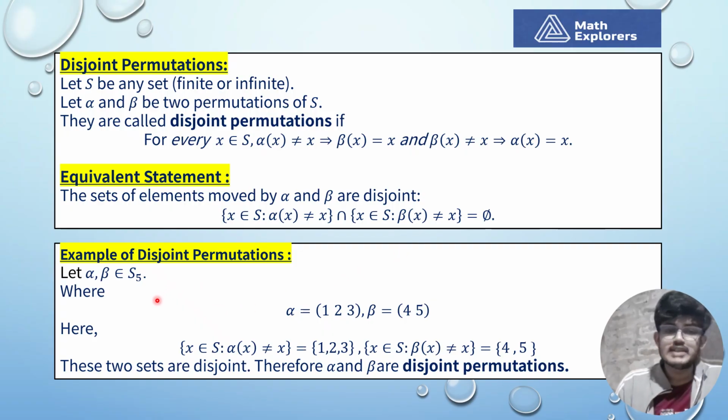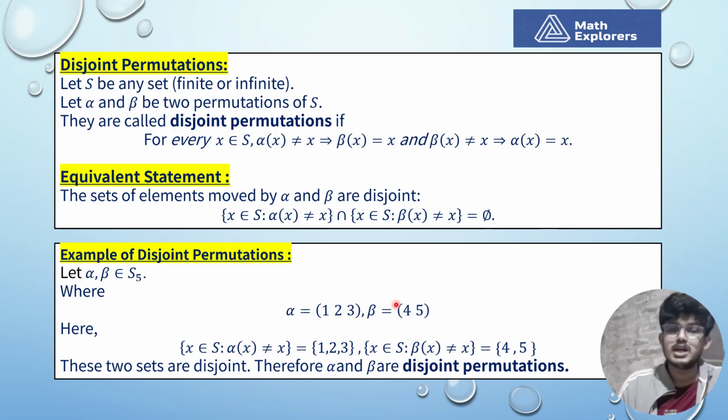Some example: let alpha, beta belong to S5, with alpha equal to (1 2 3) and beta equal to (4 5). Here, the set of x belongs to S with alpha of x not equal to x is {1, 2, 3}, because the image of 1 is not 1 but 2, the image of 2 is not 2 but 3, and there is no element here whose image is itself. Similarly for beta, only 4 and 5 will be there. So the intersection of these two sets is empty, so they are disjoint.